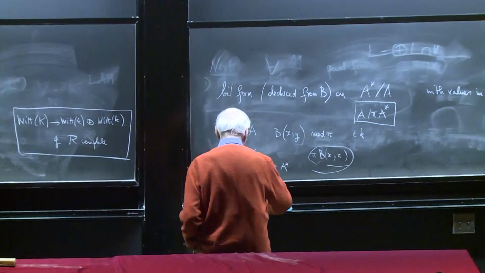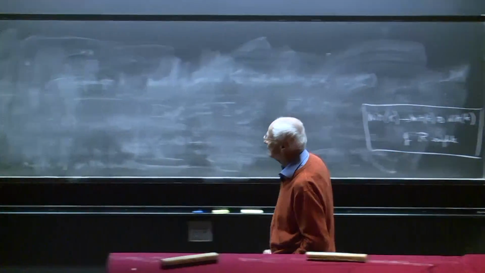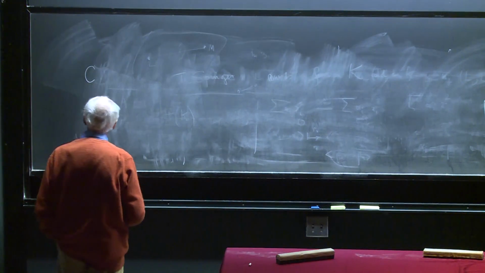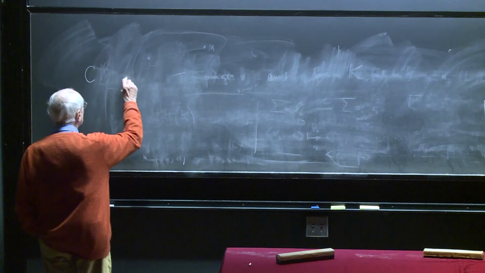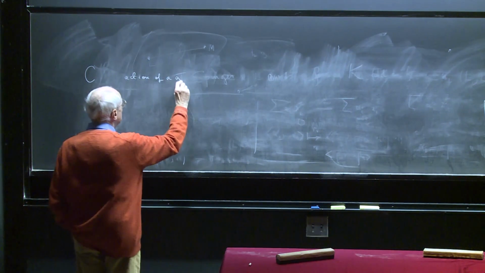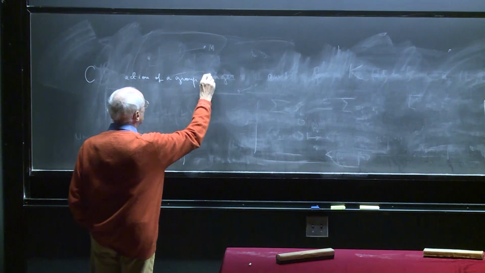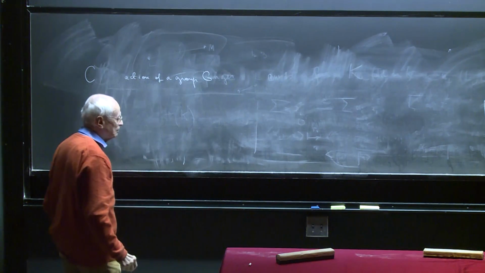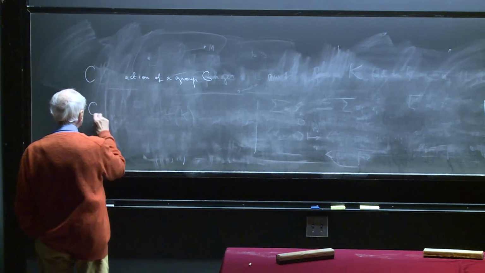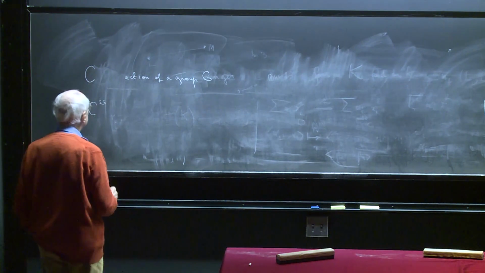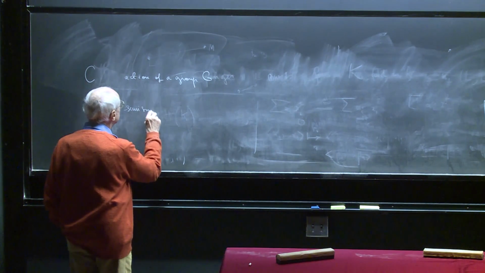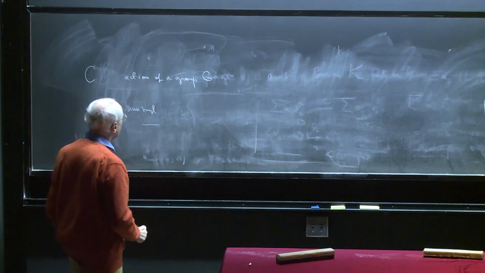So, suppose you have a vector space C with an action of a group G, where here G doesn't have to be finite. And then you take the semi-simplification SS, which we already defined.